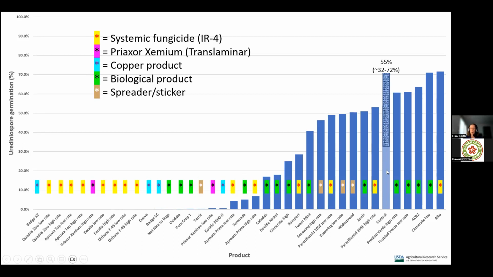But keep in mind, some of the products don't work directly on the pathogen. There are products that stimulate plant defense. So this is not the most accurate way to look at those types of products, but we wanted to see maybe there'd be an added bonus of affecting spores directly.